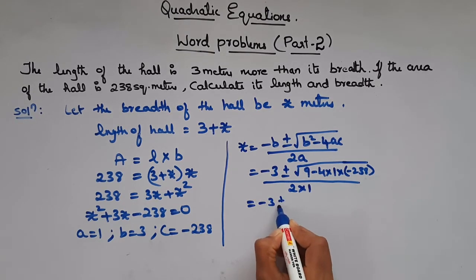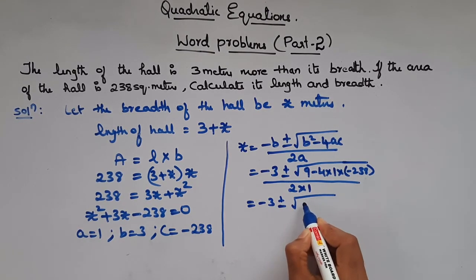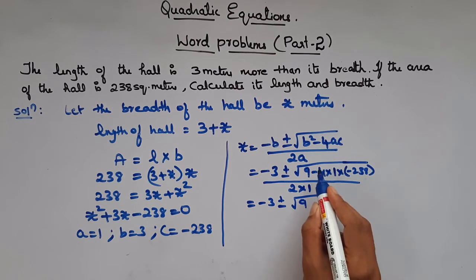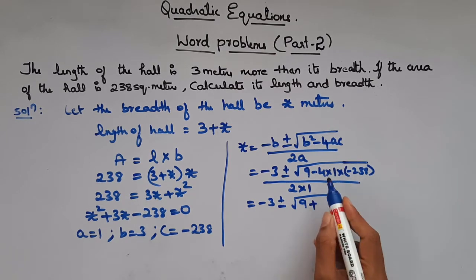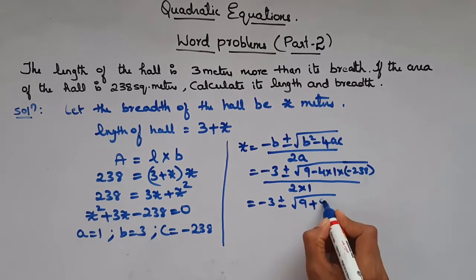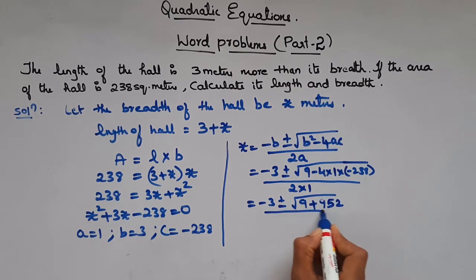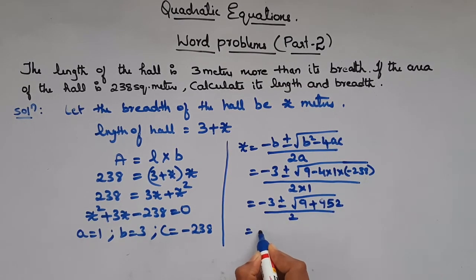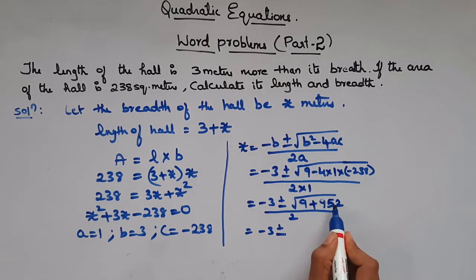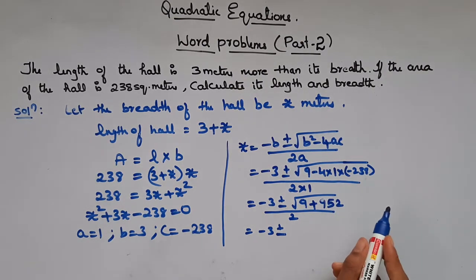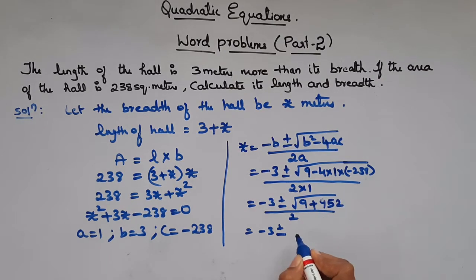So minus 3 plus or minus square root of 9, minus of minus is plus, 4 into 238 is 952, divided by 2. That is minus 3 plus or minus square root of 9 plus 952, which is 961. So the square root of 961 is 31, that is 31 into 31 is 961.